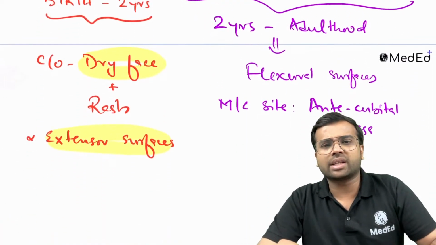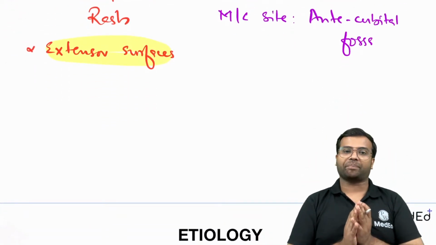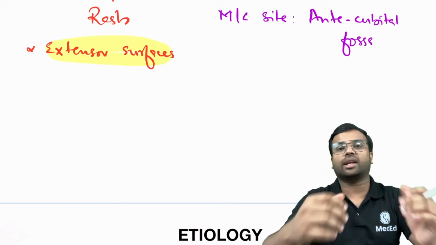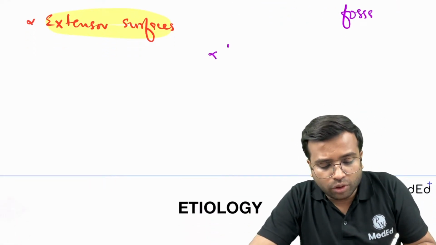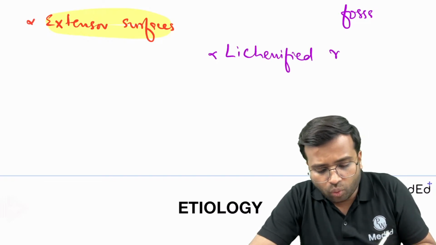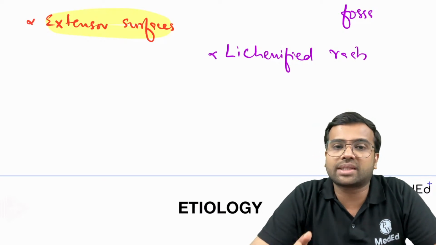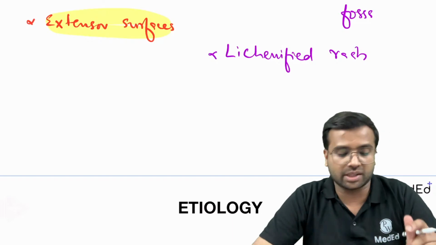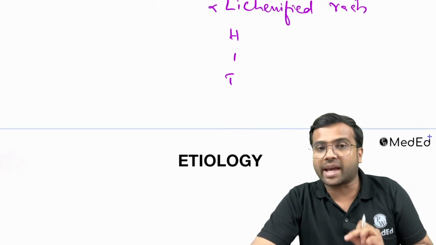Now, when there is a rash which is present in the skin for a longer period of time, just like what you can see in an adulthood AD, then you can also find a lichenified rash. So what do you mean by a lichenification or a lichenified rash? You can remember it as HIT. Now what is H?